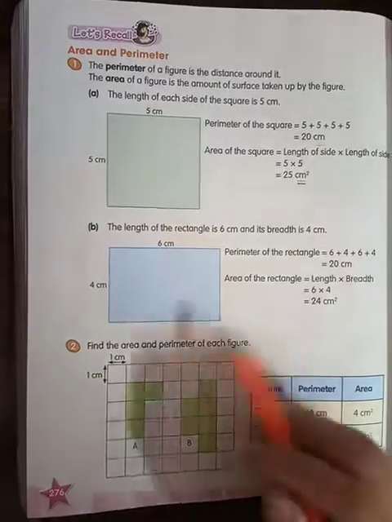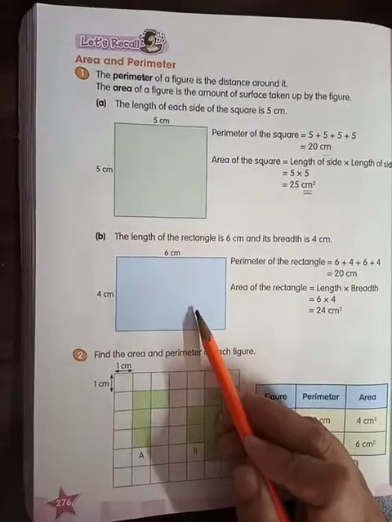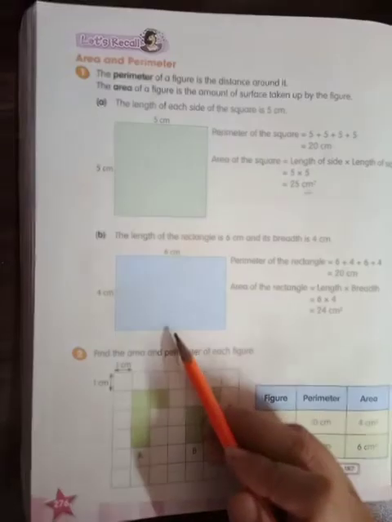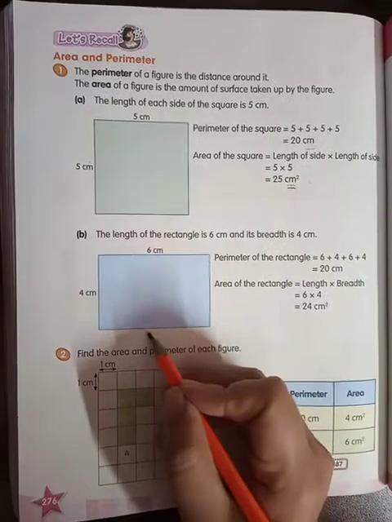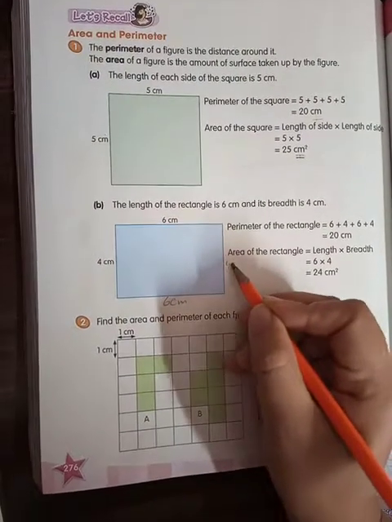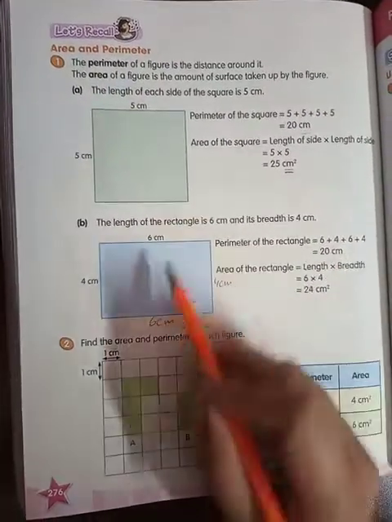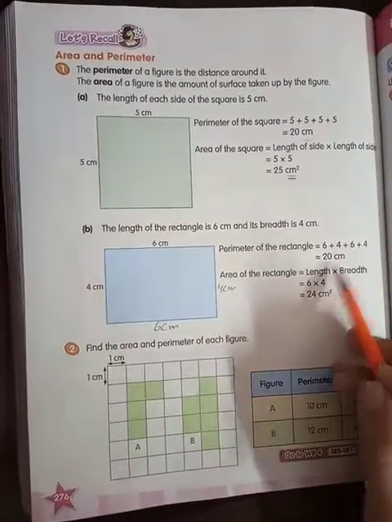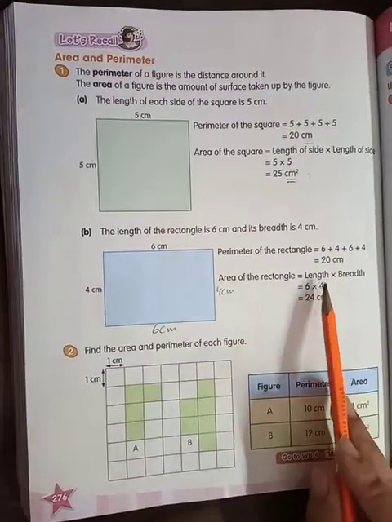Okay, next shape is here, that is rectangle. As you know, we have opposite sides equal in a rectangle shape. If this is 6 centimeter, it means this will also be 6 centimeter, and if this is 4 centimeter, this will be 4 centimeter as well. Again the formula, perimeter means you are going to add all 4 sides. Okay, it will become 20 centimeter, and area means you are going to write down the formula first.